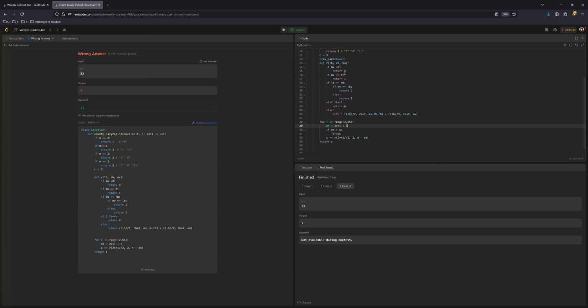Okay, let's try to work backwards. We have 11 minutes. Could it be handling the case of an odd number of digits wrong? No, because we terminate. Look.